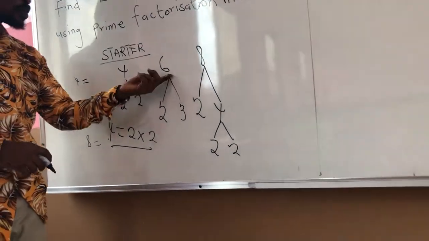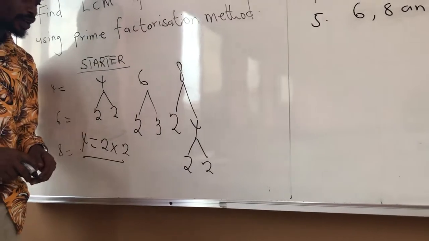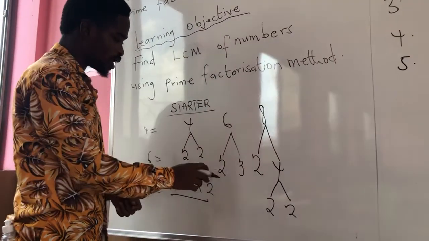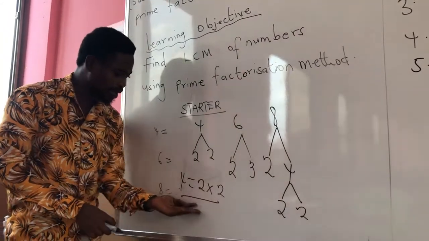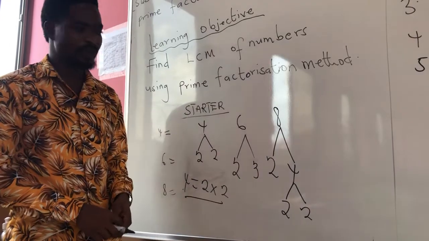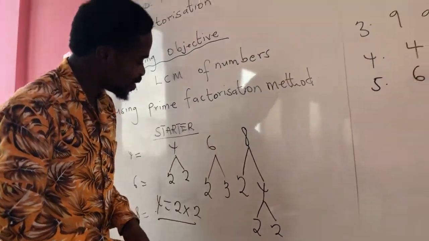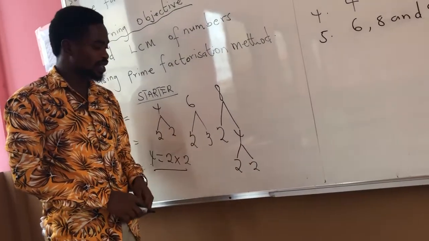We do the same thing for 6. Two numbers, when we multiply them, we get 6, which is 2 times 3. The same thing that we did here, you apply, and then you get your answer. When we come to 8, 2 times 4 will give us 8.